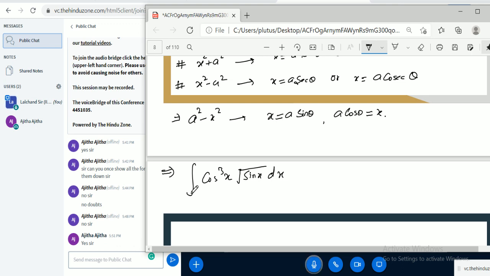You need to solve this question, okay, by substitution method. So what is the possible substitution for this equation?